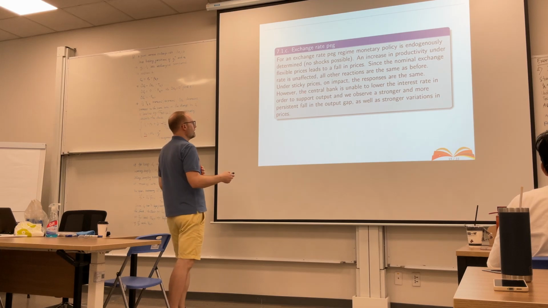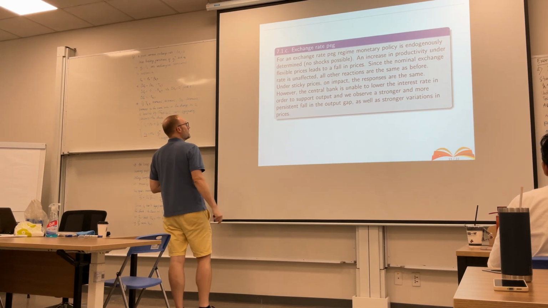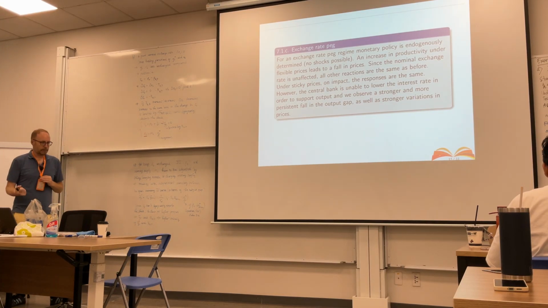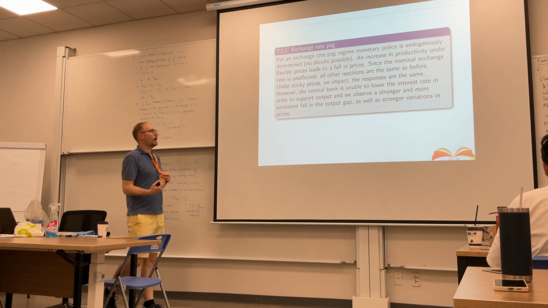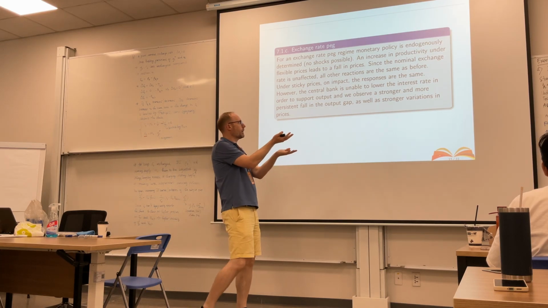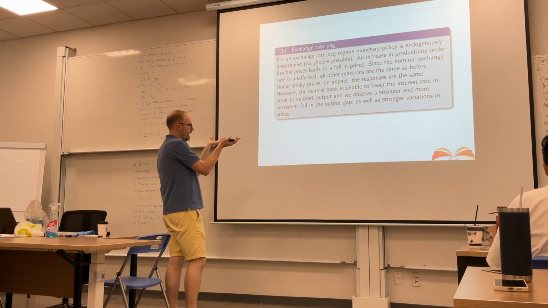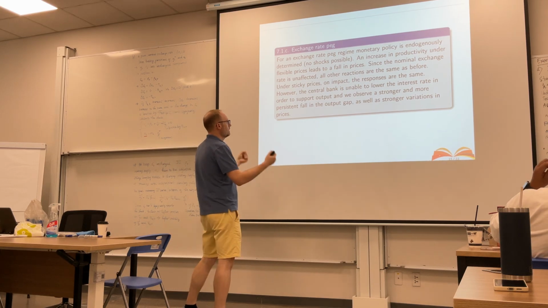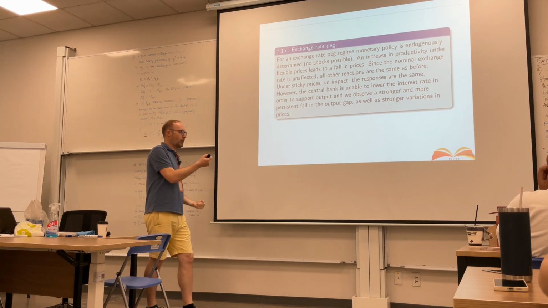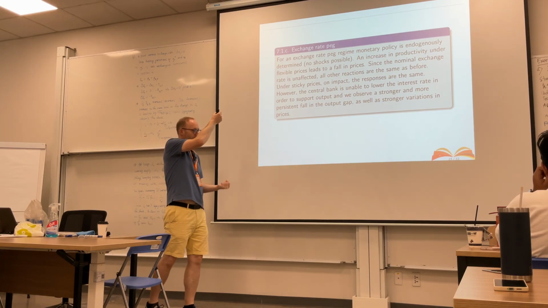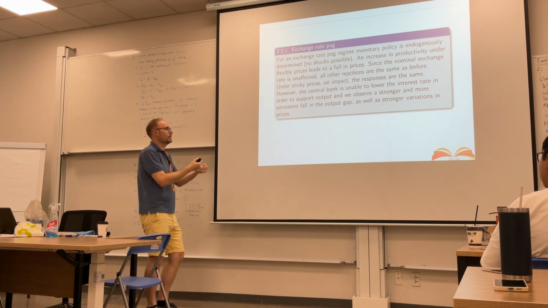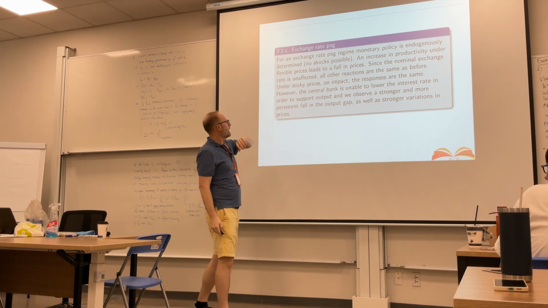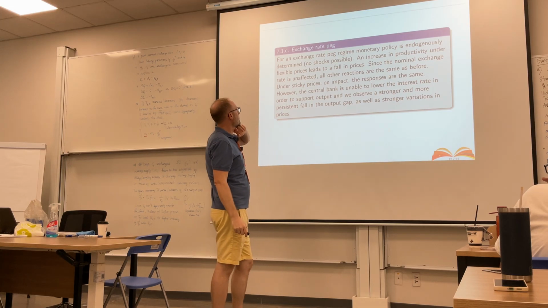But now the central bank can't lower the interest rate to support the fall in the output gap, to bring output closer to where it was before. So the output gap is going to have a larger fall and be more persistent. Output's going to be further away from the natural level, it's not going to rise by as much, and it's going to take longer to connect with that, and we're going to have stronger variations in prices.